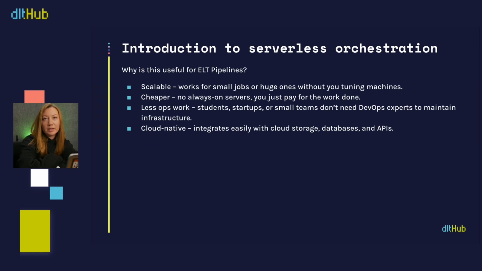Now let's bring this closer to our world. Why is serverless orchestration so useful for ELT pipelines? First, it's scalable. Your pipeline can be tiny, pulling just a few rows, or huge, processing terabytes of data. Serverless adapts automatically without you tuning machines. Second is cheaper. Since ELT pipelines usually don't run all the time, there's no reason to pay for always-on servers. With serverless, you only pay for the work that actually gets done.